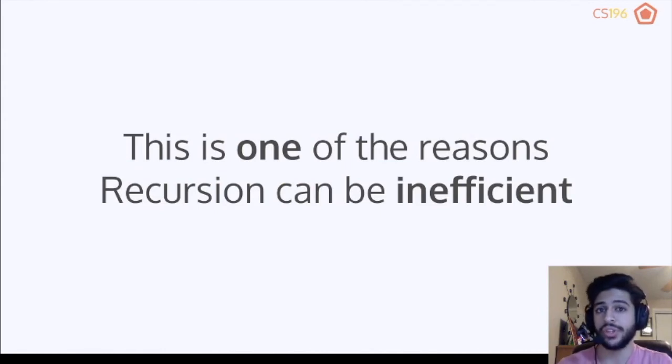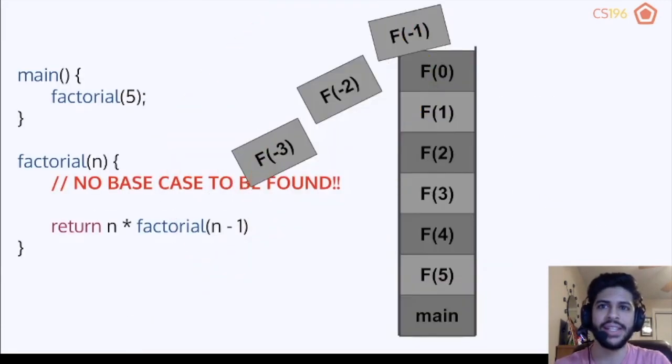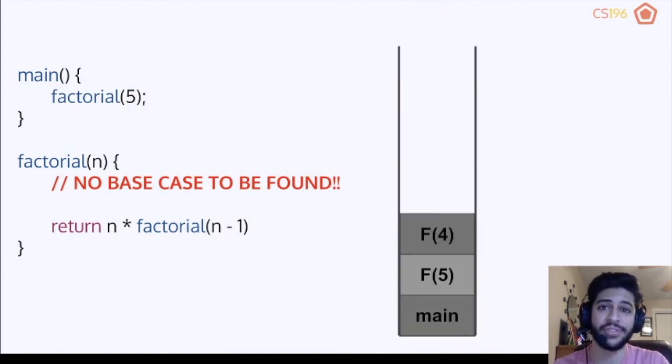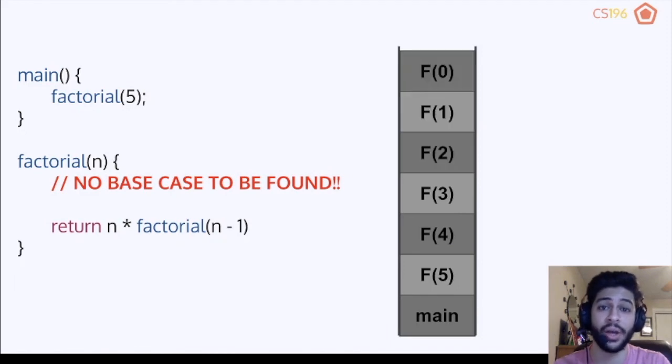If you run certain functions iteratively, you'll notice that you're not really taking up any extra space unless you declare an array or a hash map or whatever it is, right? You declare variables, stuff like that. That takes up space. But you don't need these stack frames unless you call other functions inside of, let's say, your for loop. But recursion, on the other hand, since it needs to save the state of these function calls, can take up a lot of memory.